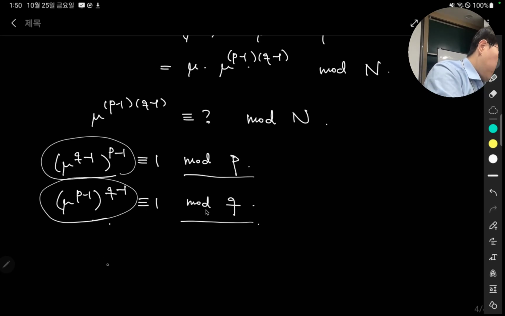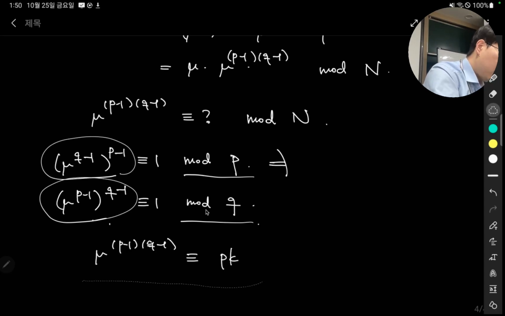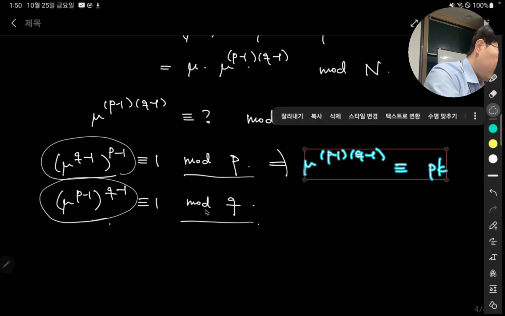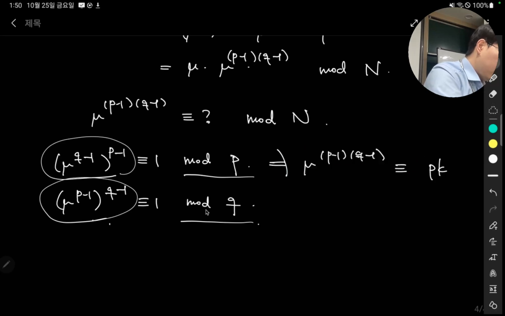So the only possible way of writing this in terms of multiples of P and Q is the following: mu to the power of (P minus 1)(Q minus 1) equals PK plus 1.